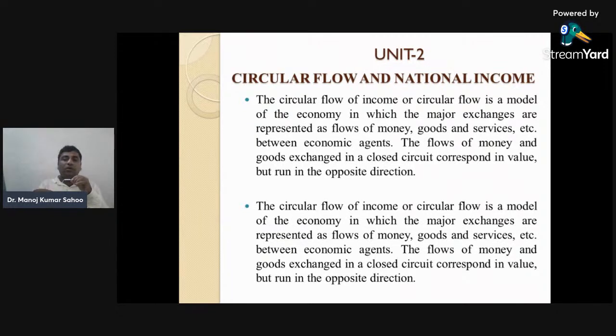And the flow of money and the goods exchanged in a closed circuit corresponds in value but runs in the opposite direction. So the flow of money and goods exchange is a closed circle. That is the same thing.